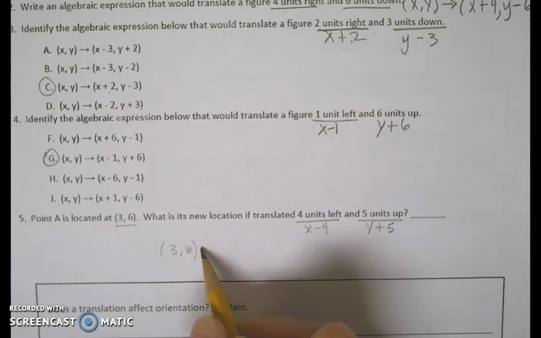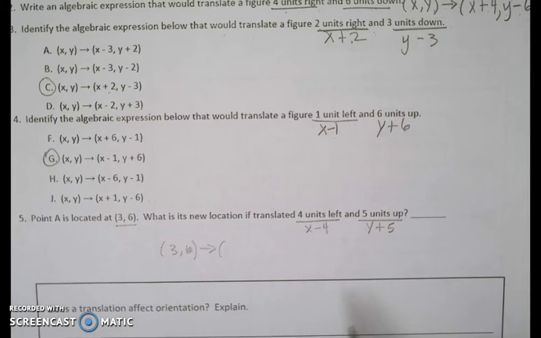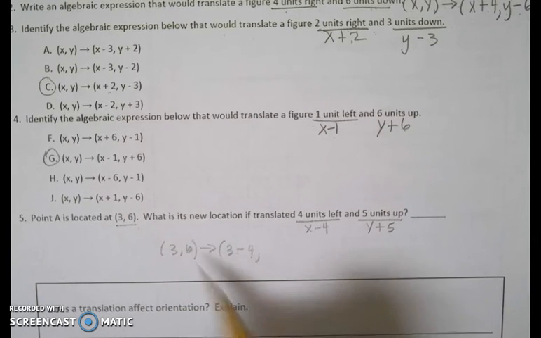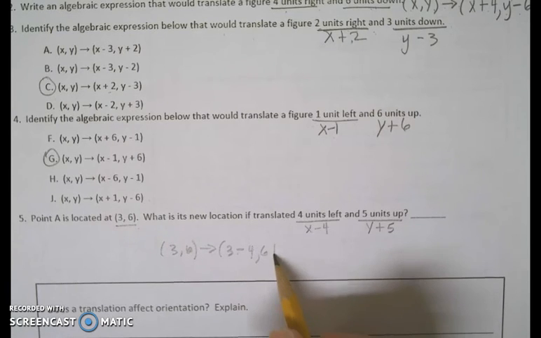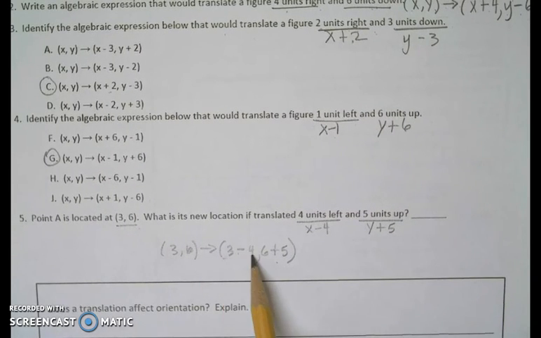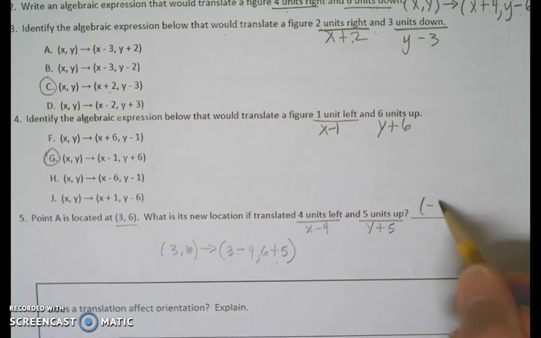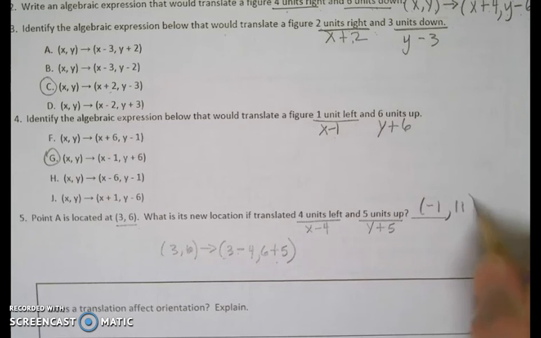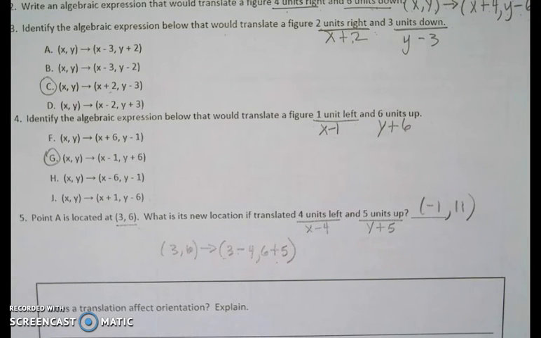If x is 3, then it's 3 minus 4, and y is 6, so it's 6 plus 5. 3 minus 4 is negative 1, while 6 plus 5 is 11. So my new coordinates would be at negative 1, 11.